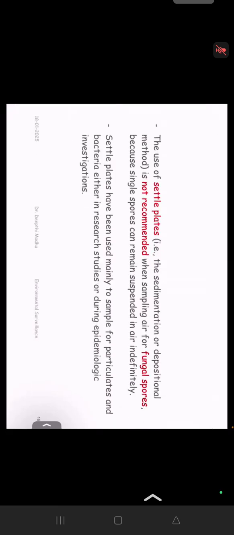So the use of settle plates, the sedimentation or deposition method, is not recommended when sampling air for fungal spores, because fungal spores have this particular nature that they won't settle fast.